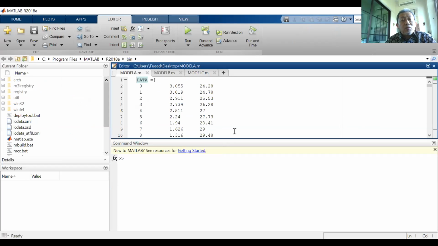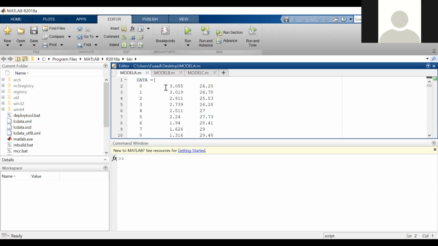Okay, so model A dah keluar. So data sama dengan square bracket. Ada 3 kolom situ. Kolom yang pertama adalah index time dia.